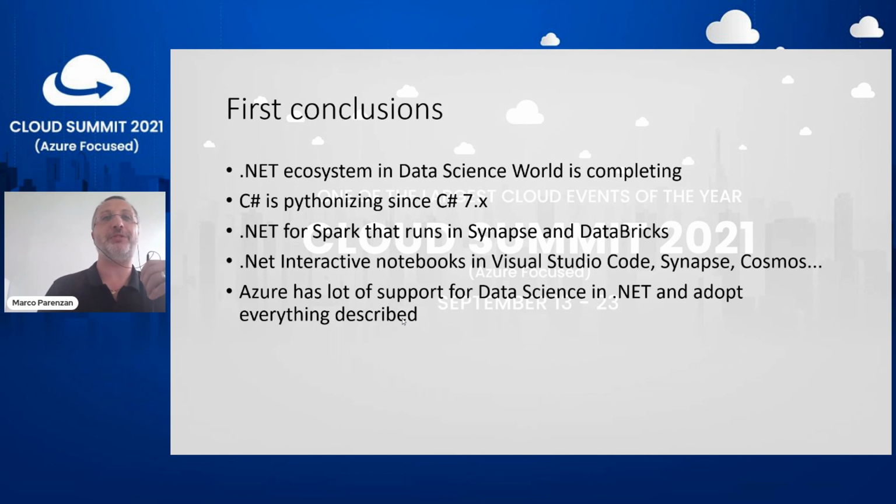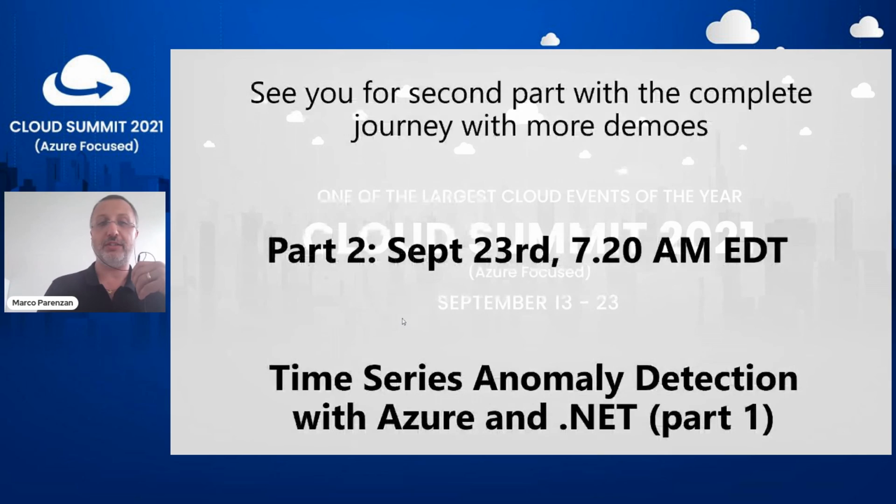Think that C# is Pythonizing, with C# 7 having all the simple syntax that Python users love. Think that you can host your .NET code on Spark. Think that you experiment with your .NET code inside .NET Interactive. And think that you can host all this code in Azure because you have many services that can run this code to do your data science.